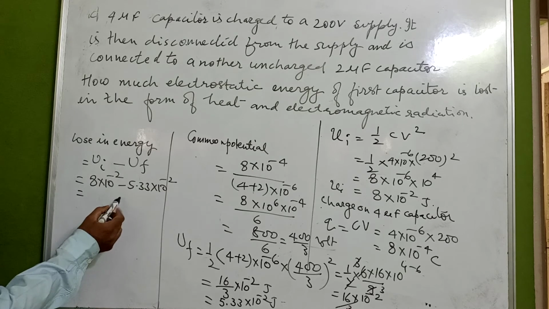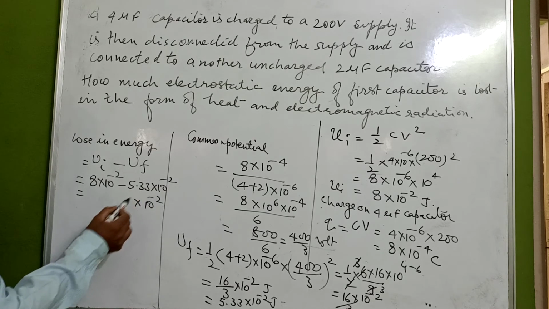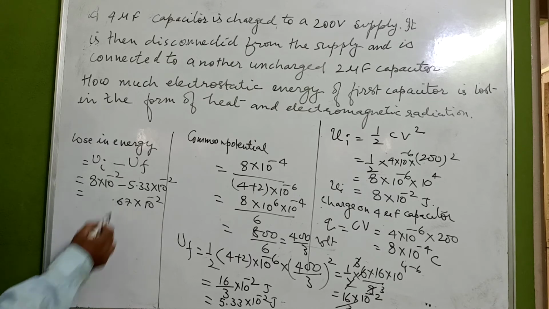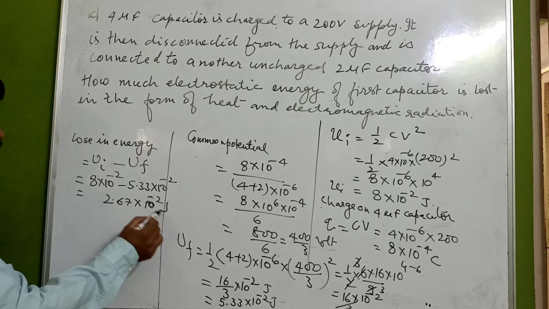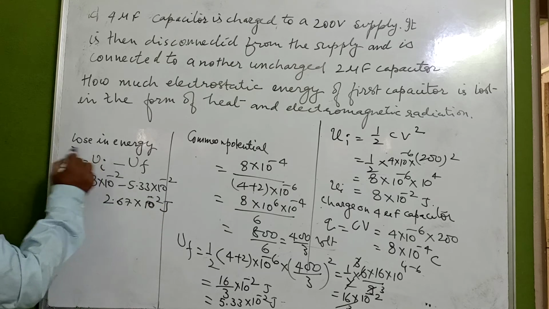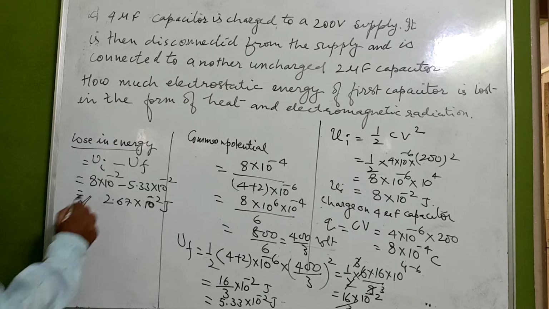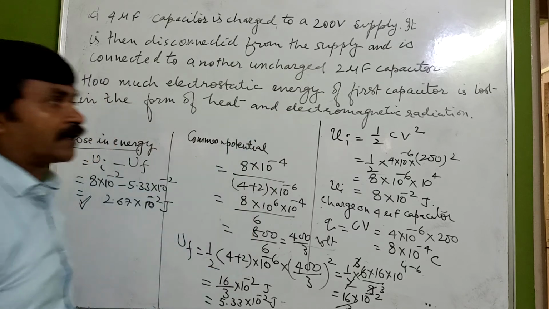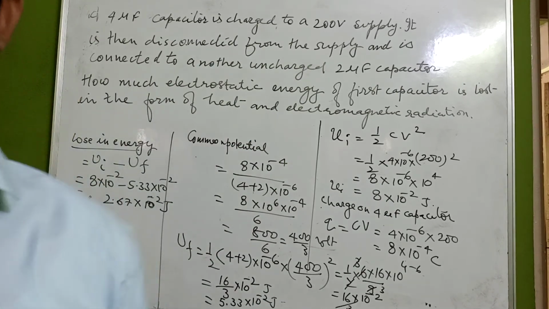So it is going to be nearly 2.67 × 10 raised to the power minus 2 joule. This is the energy which is lost, and that will be lost in the form of heat and electromagnetic radiation. Okay, so this way we can go with the numericals.